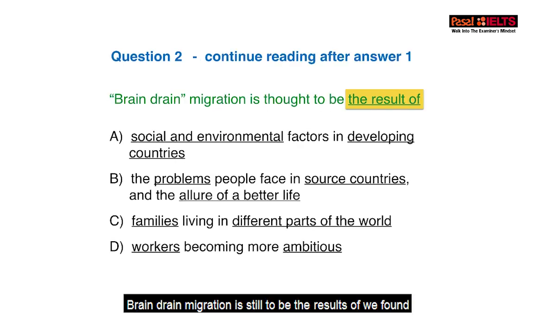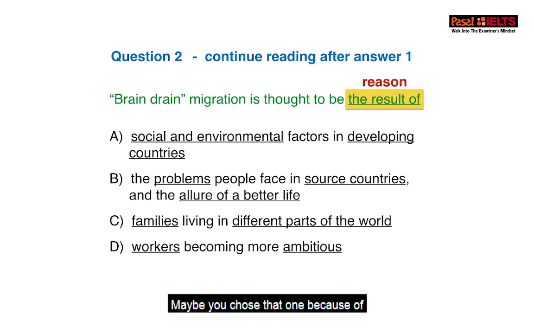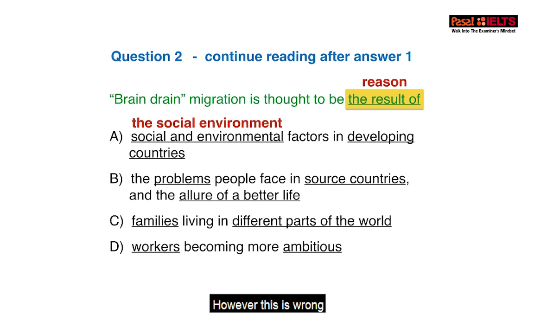Brain drain migration is thought to be the result of. We found a whole paragraph about the reasons for the brain drain. Then, if you put answer A, social and environmental factors in developing countries, maybe you chose that one because of the words the social environment. However, this is wrong. The social environment doesn't mean the same thing as social and environmental.